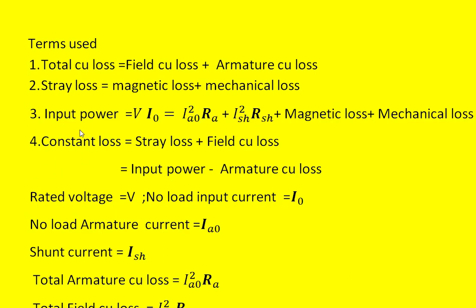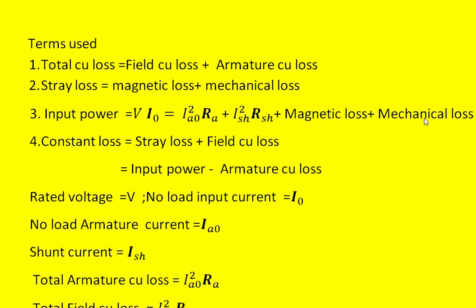Input power is the rated voltage into the input current I0. As per our assumption, this input power is equal to the total loss, that is, IA0 square RA plus ISH square RSH plus magnetic loss plus mechanical loss.